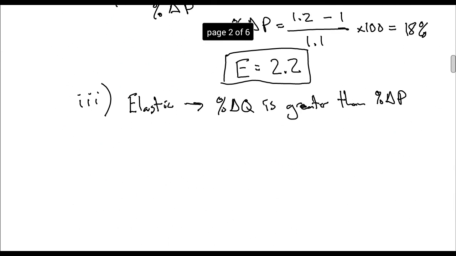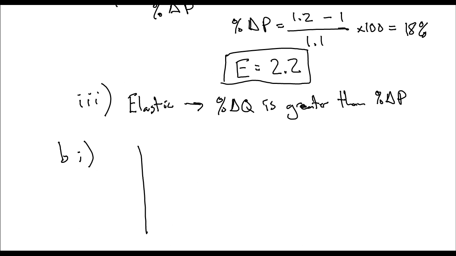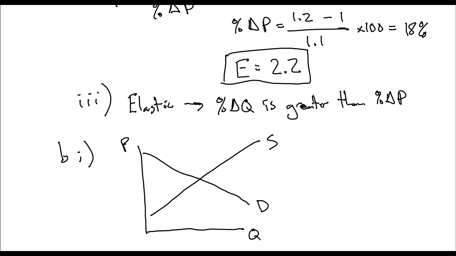Alright. B1. Here's my graph. Price, quantity, demand, supply, P0, Q0.